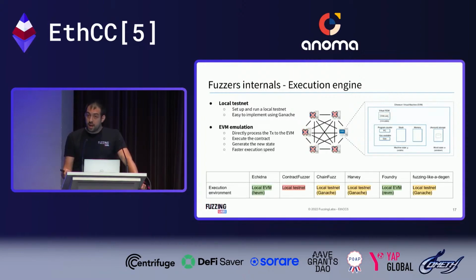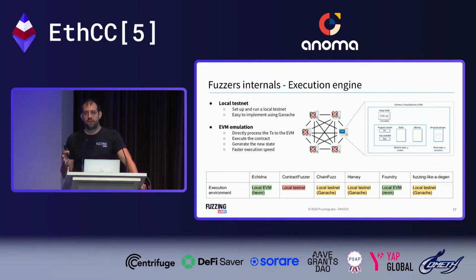What is way more efficient and way more interesting is to provide the transaction directly inside the EVM. So you will only execute the EVM alone, and the main purpose for us is to get way more execution speed, because you will provide the argument and it will be executed.